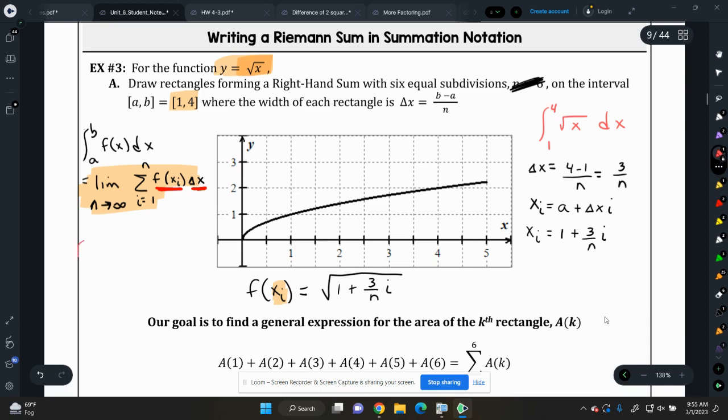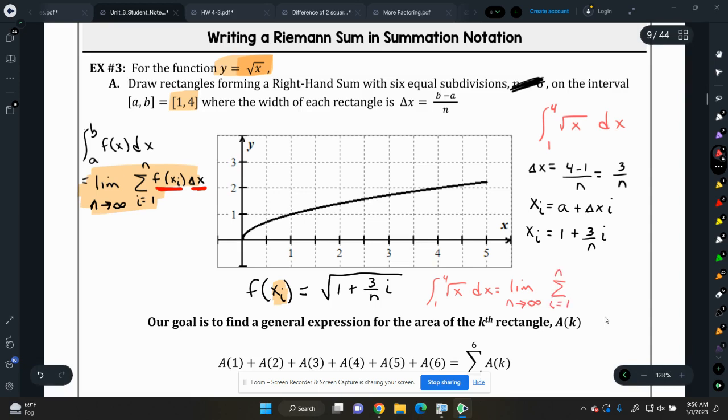So the integral, I'm going to write it over here where you can see it. The integral from 1 to 4 of the square root of x dx is equal to the limit as n approaches infinity of the summation from i equals 1 to n.